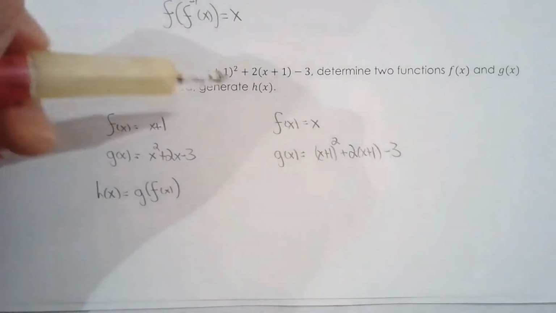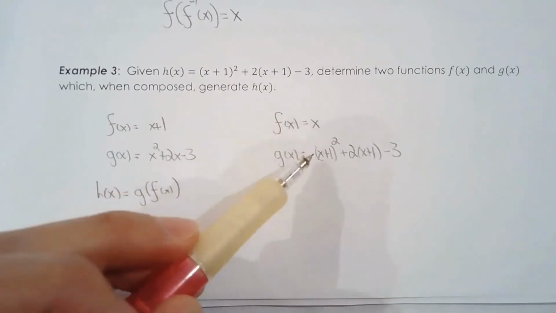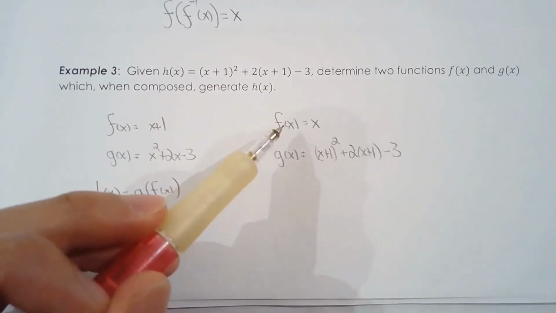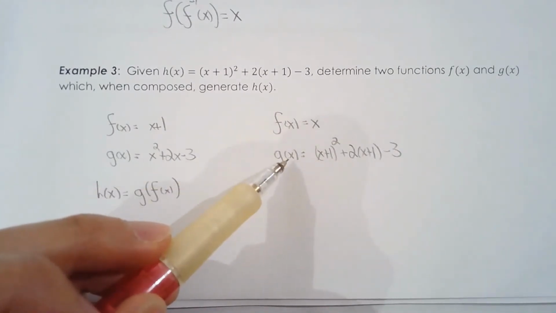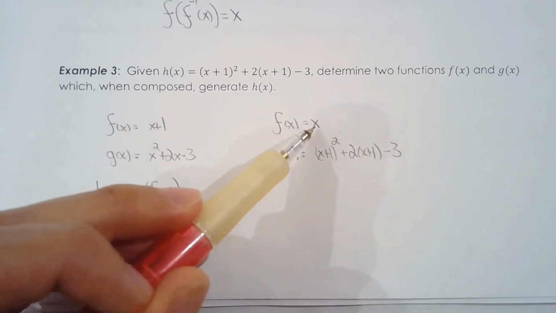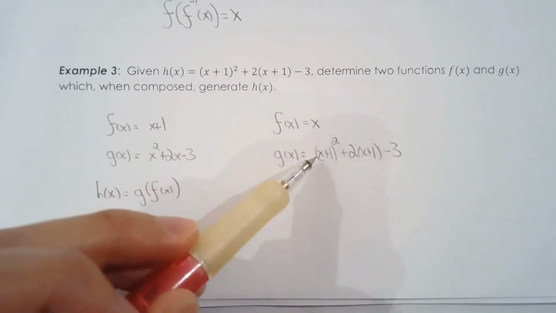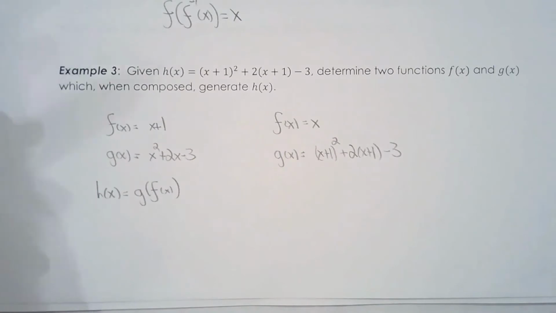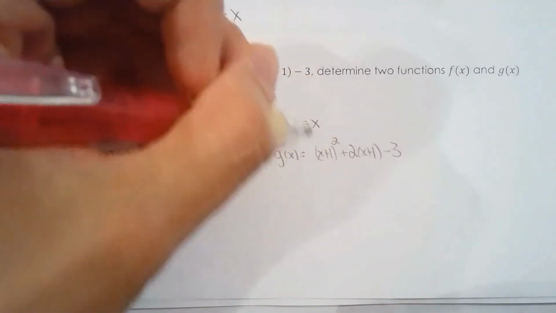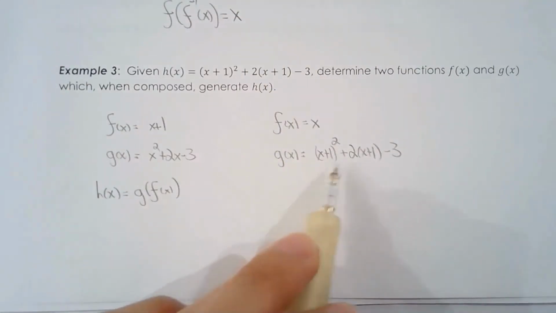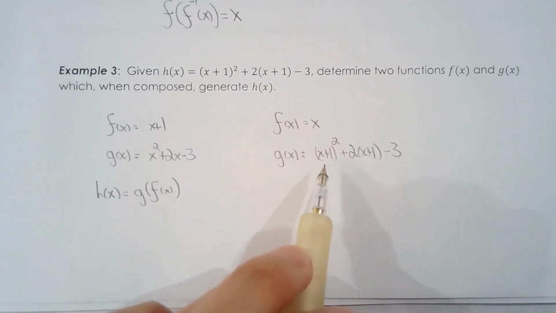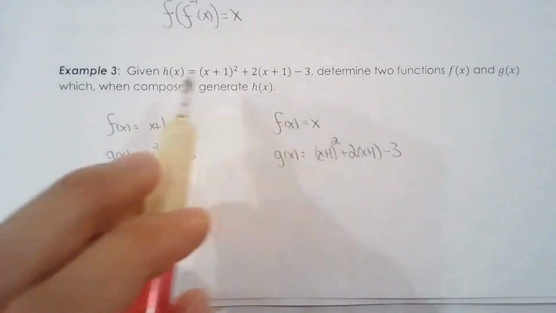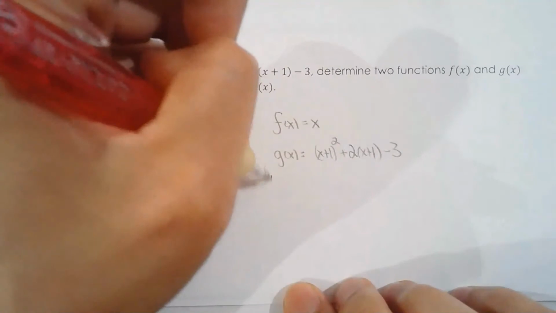So if you think about it, let's do f into g. If you nest f inside of the function g, you replace x with x, which means nothing has changed. So you're still going to get g of x, and guess what? g of x I've copied to be h of x.